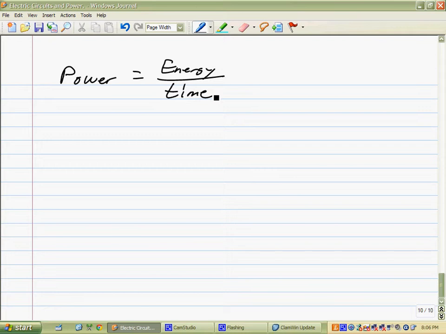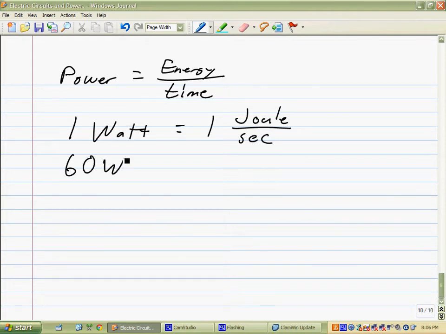And 1 watt equals 1 joule. That's the unit for energy when we talk about kinetic energy, potential energy. And it's 1 joule per every second. So a 60 watt light bulb uses 60 joules of energy each second. So 60 W equals 60 joules per second.